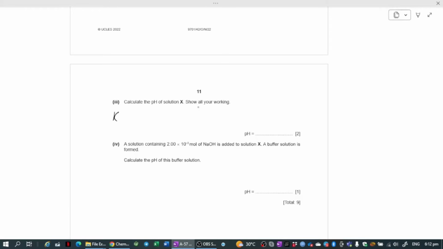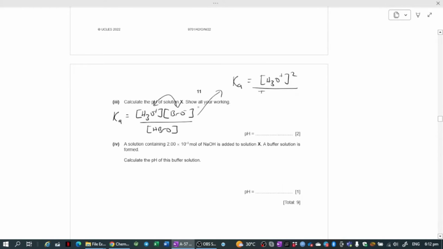So if we write the Ka expression, we should be able to show that Ka is [H3O+][BrO-] all over the concentration of HBrO. Now, we make the assumption that the concentration of BrO- and H3O+ is the same. So this equation could be rewritten as Ka equals [H3O+] squared all over the concentration of HBrO.